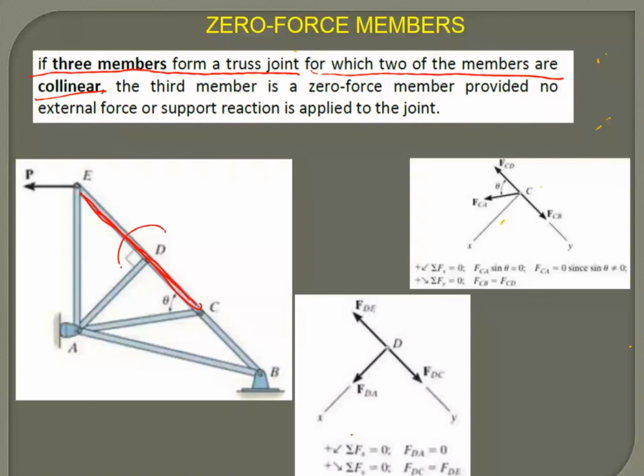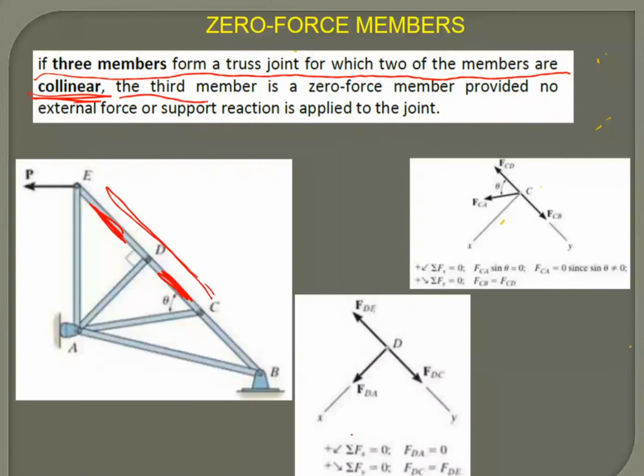Look at point D. For point D, you got two members, this one and this one. They are in line, collinear. Let me read it again. If three members form a truss joint, for which two of the members are collinear, the third member is a zero force member, provided no external force or support reaction is applied to the joint.